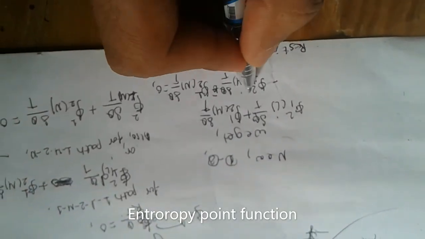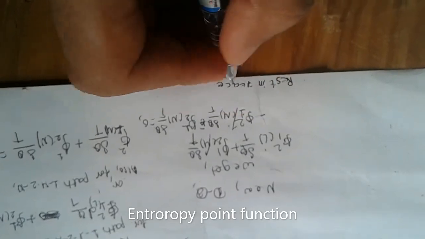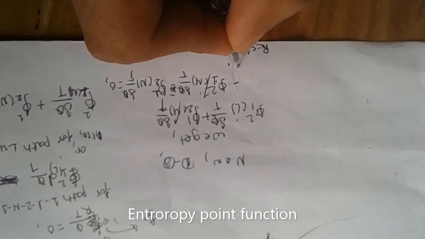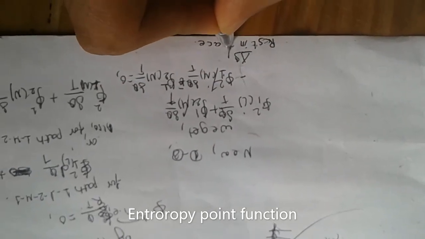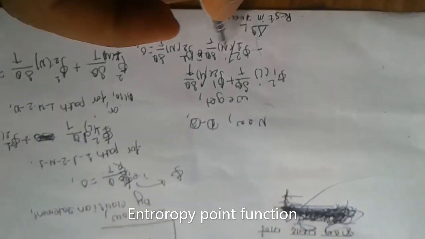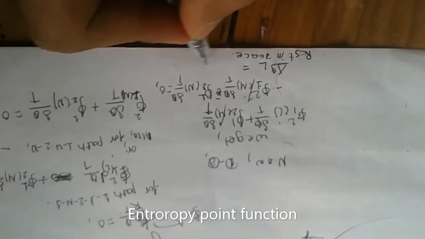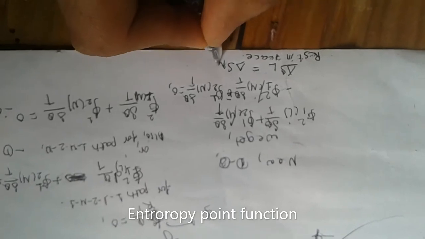When these cancel each other, then this is our del S, that is the change in entropy, for the L path, and it is equal to del S for the N path.